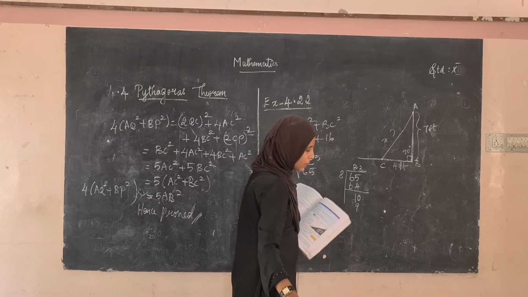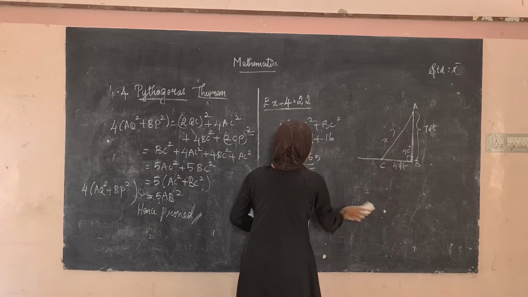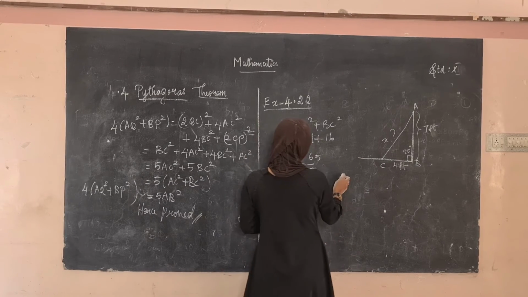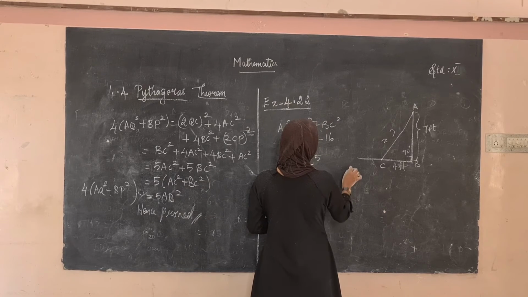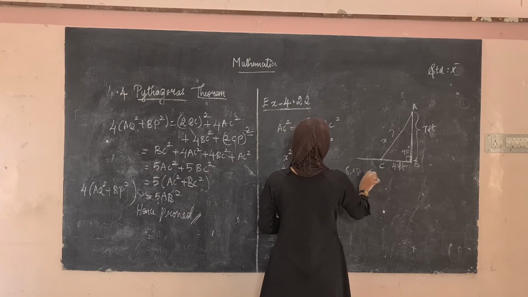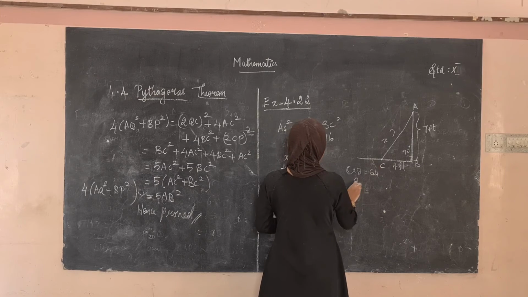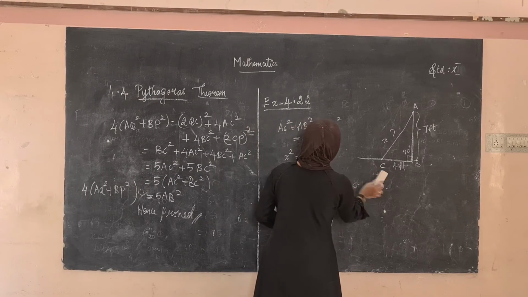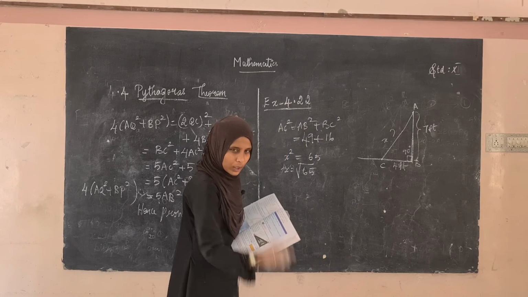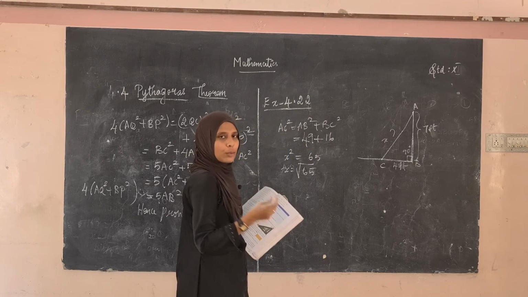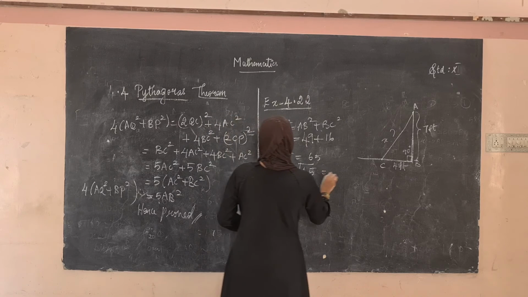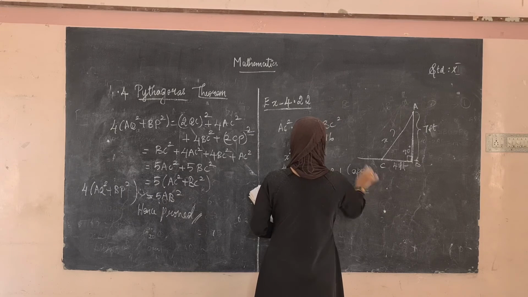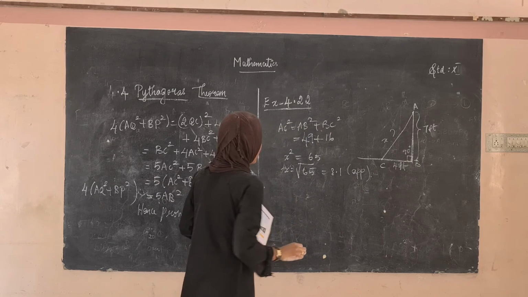We can't do it in this method because this is a square root. The square root of this becomes approximately 8.1 because 8 into 8 is 64, and 65 is 1 unit above 64. Therefore we are writing it approximately as 8.1. x is equal to 8.1 feet.